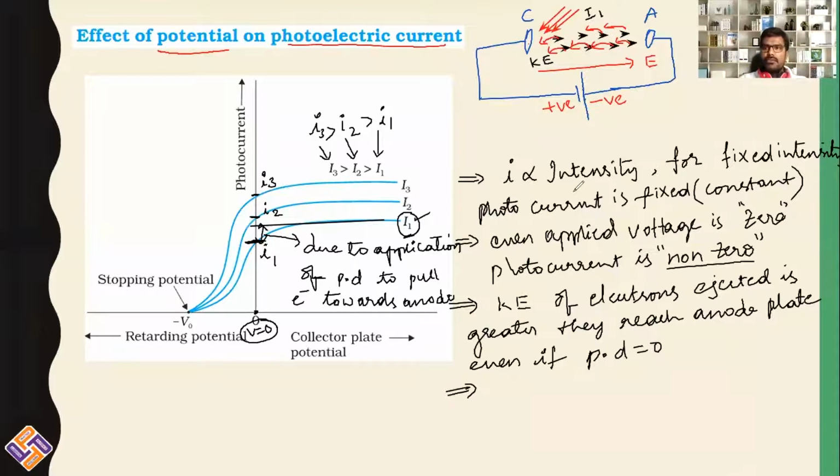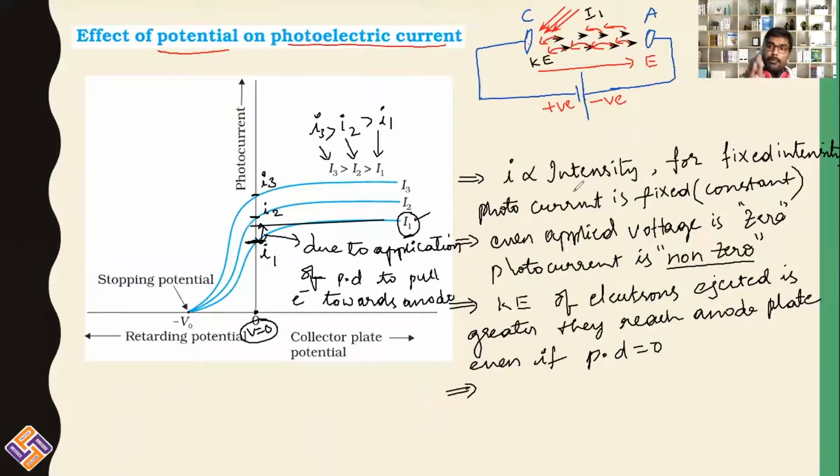Therefore, gradually, electrons are not received by the anode. As a result, the photocurrent gradually decreases, and at a certain negative potential, the net current between cathode and anode becomes zero, because we have sufficient negative potential to block all the electrons being ejected from the cathode.